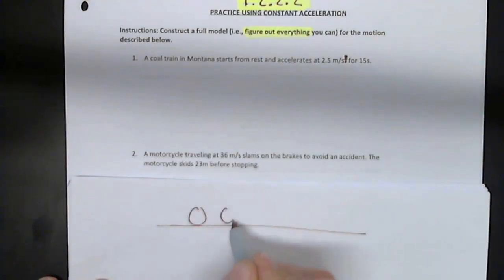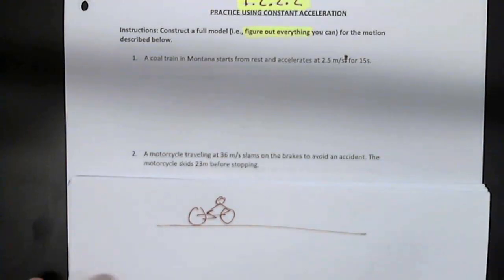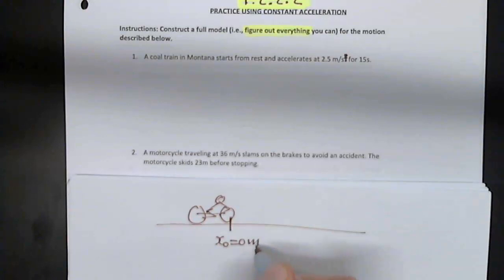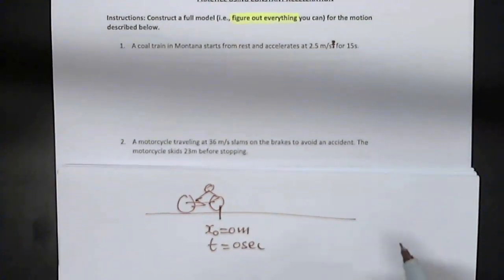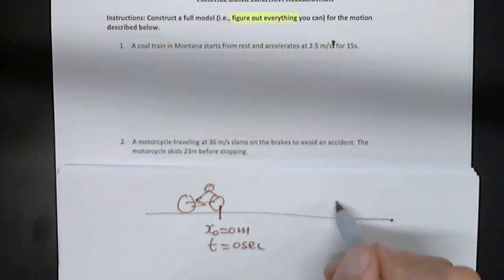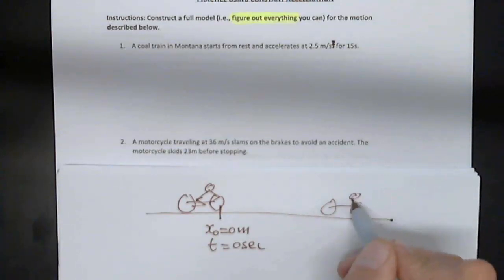So we have the situation that the motorcycle is here. Let's pretend this is the initial position, 0 meters, and at 0 seconds it is right there. And then it stops here.